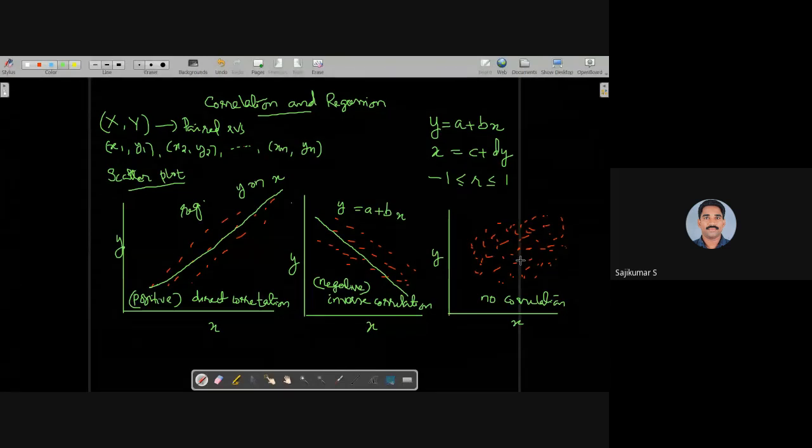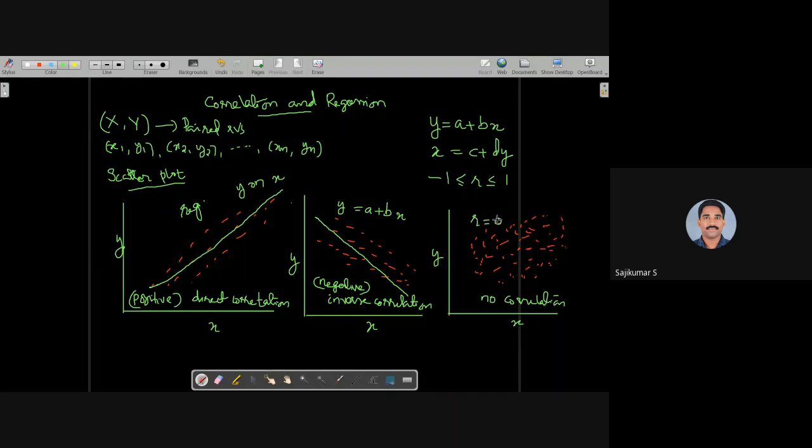No correlation means r equal to 0 implies there is no linear relationship between the variables. If there is no linear relationship, it implies that there may be some other type of relationship. The relationship may be parabolic, or cubic, or sinusoidal, etc. That much relationship may be there.